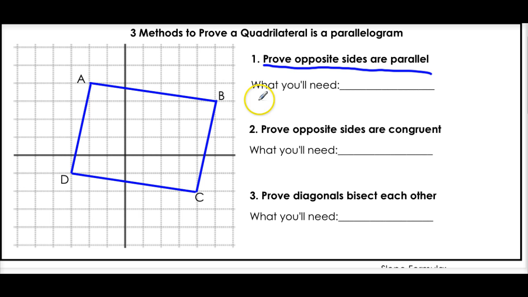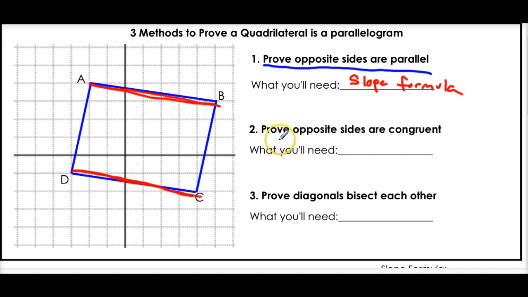What would I have to know about AB and DC to show that they're parallel? The slope, right? If I know the slope of AB is the same as the slope of DC, then I know they're parallel. So what am I going to need? The slope formula today.